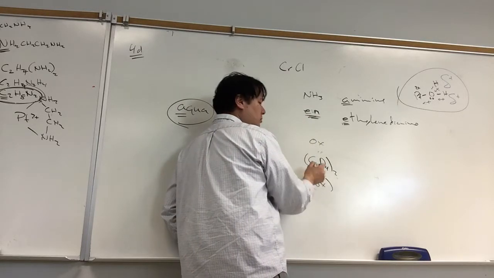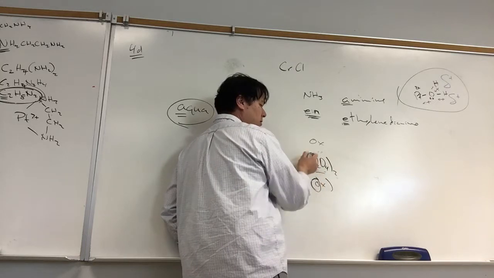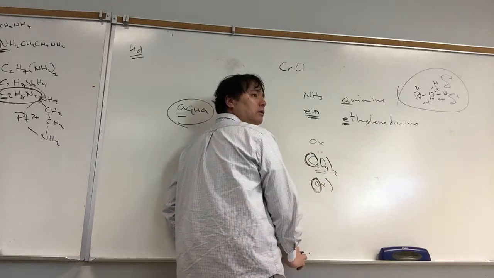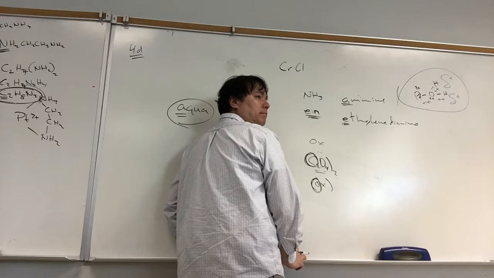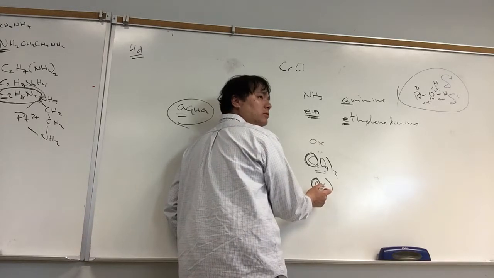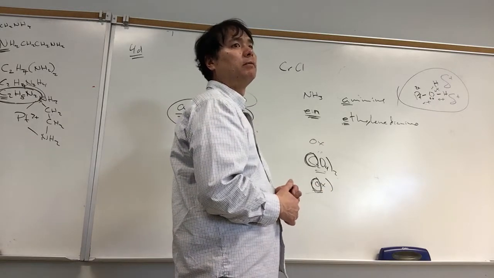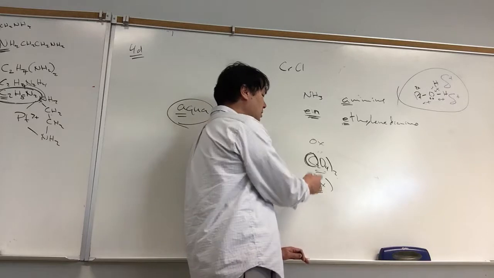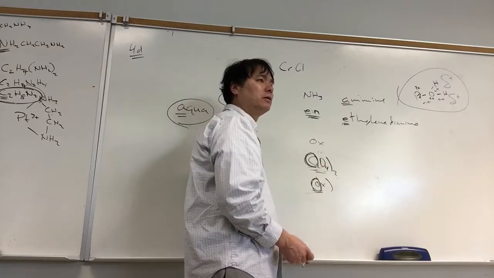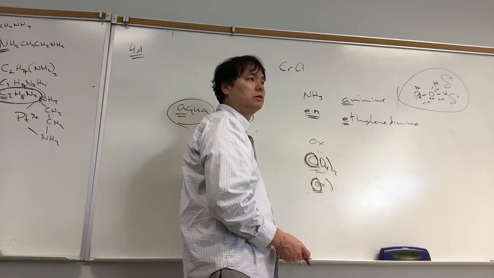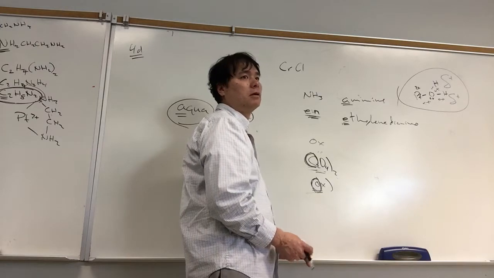So do you use C or do you use O for that? According to the book, you'd use O if somebody wrote it oxalato. You'd use C if somebody wrote it C2O4, OX instead. You see?